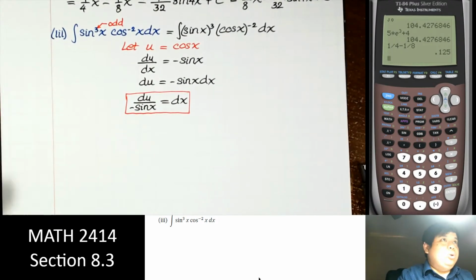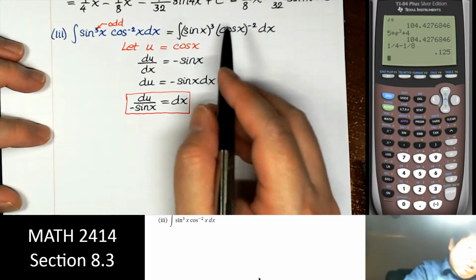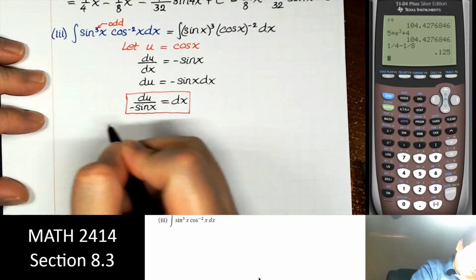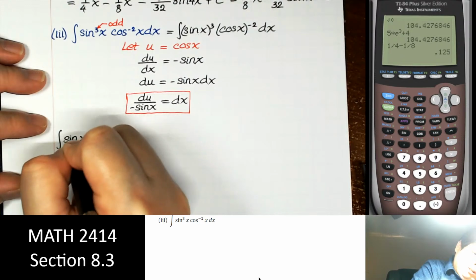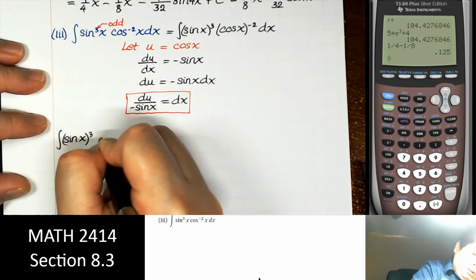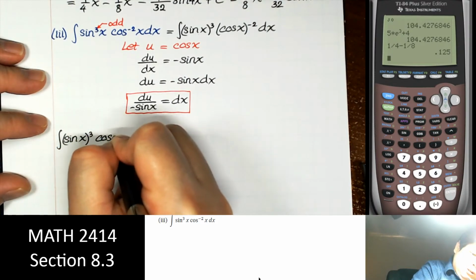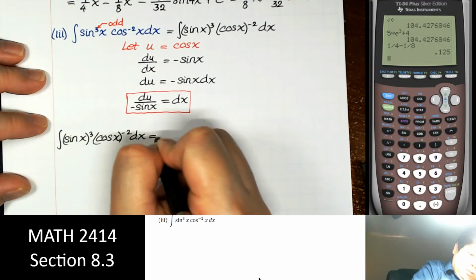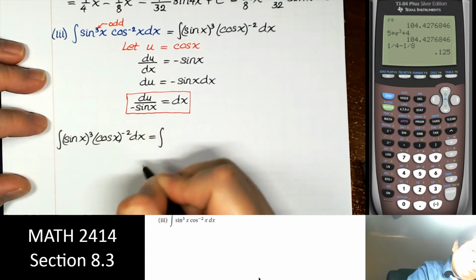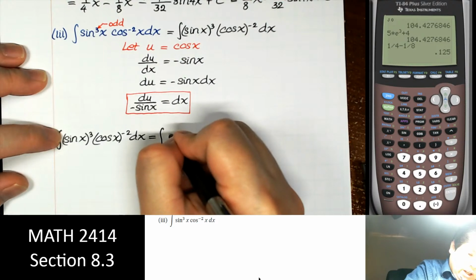Right. So we use that substitution. I go back to this problem. Now use substitution. The sine cube is still there.